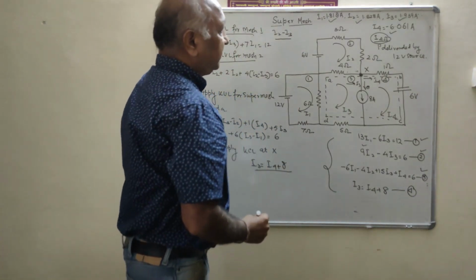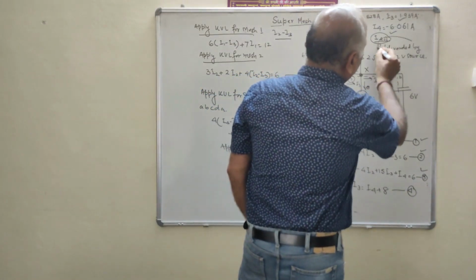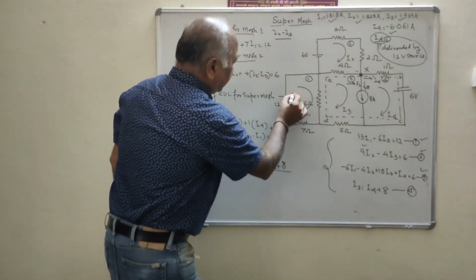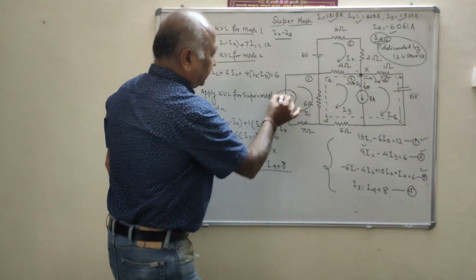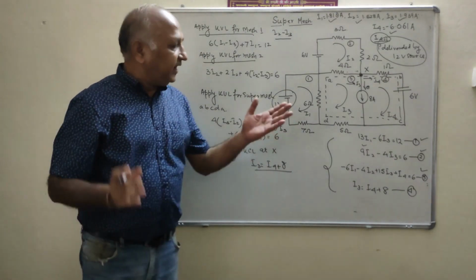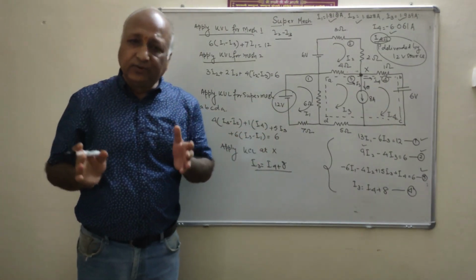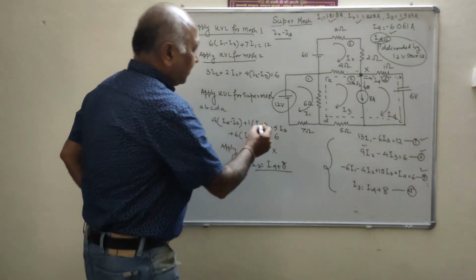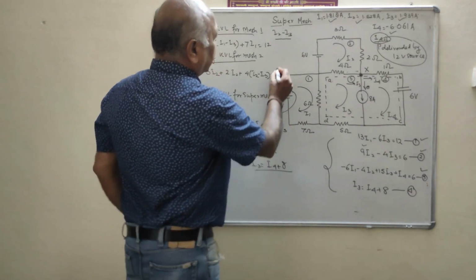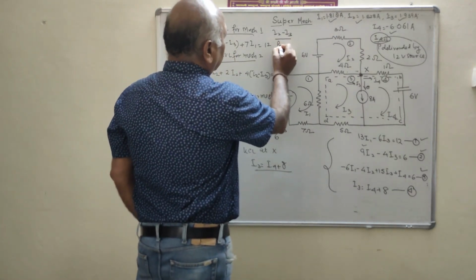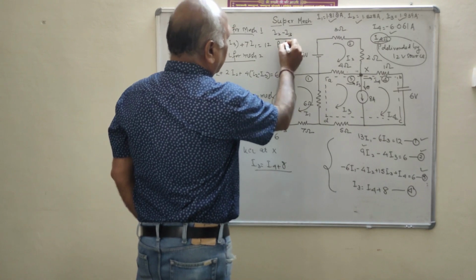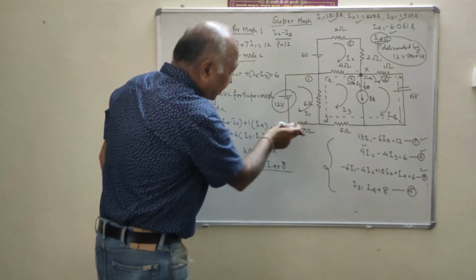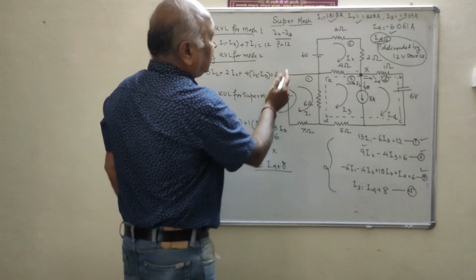Now you will see the power delivered by the 12 volt source. If we find the current through this voltage source, then the power will be voltage into current. What is the power delivered by the 12 volt source? P is equal to 12 times the current passing through the 12 volt source, which is I1.